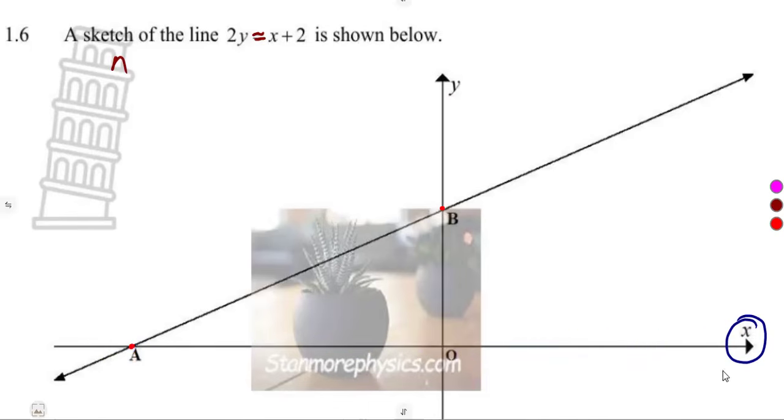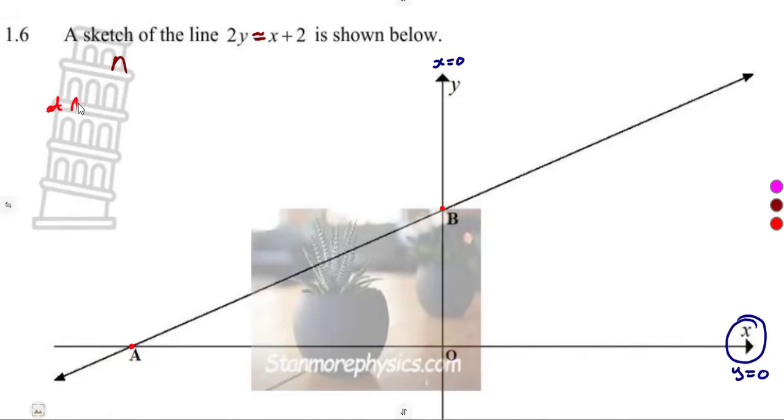Along the x-axis, we know that y is equal to 0. That's the equation. Along the y-axis, throughout that line, x is equal to 0. So that can simply help you to find the values at A, the point.